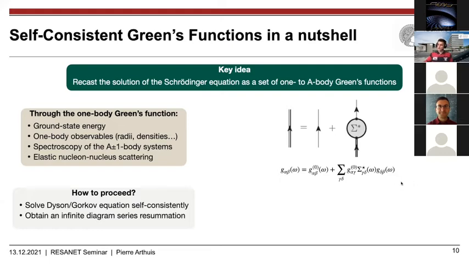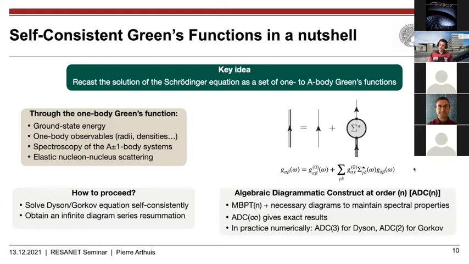And how do we do it? Well, we use this thing called the algebraic diagrammatic construction at order n scheme, which basically tells you how do you truncate this object in the first place. So basically what you do at order n is you compute every single many-body perturbation theory diagram up to order n, plus all necessary diagrams to maintain the spectral properties of your self-energy.